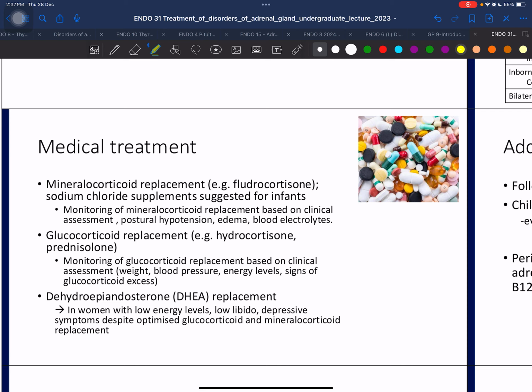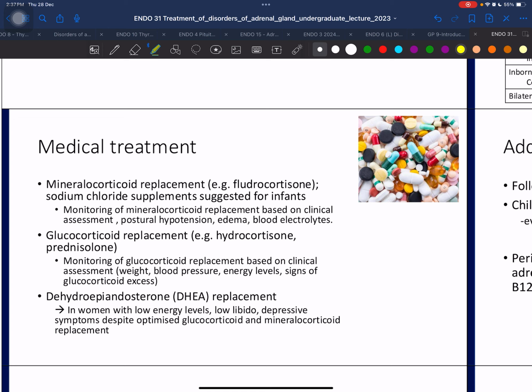How do you monitor? Clinical findings. You give mineralocorticoid, you expect the BP to be normal and the patient not dehydrated. You give glucocorticoid, they shouldn't have any hypoglycemia or feel lethargic and tired the whole day. So these are the clinical symptoms that you can monitor. You can also give androgen replacement in certain women with low energy levels.